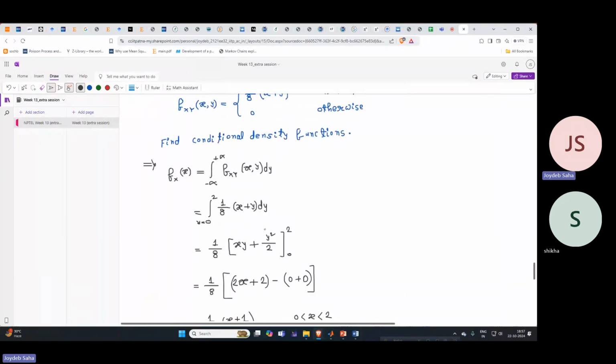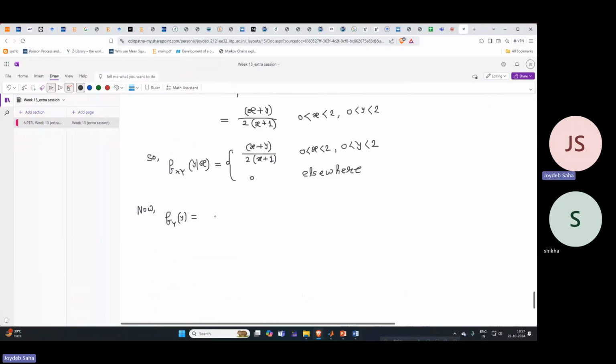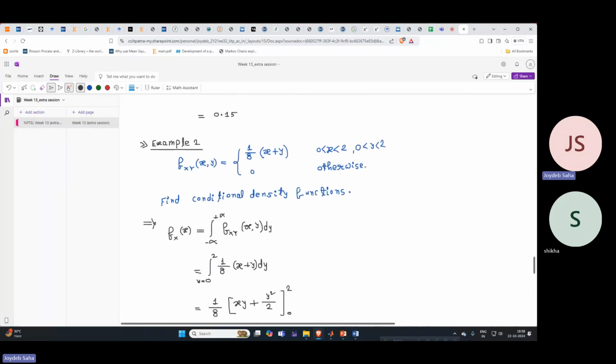If we use the same way, then it will be just simply integral from 0 to 2, because the limit is 0 to 2 and it is 1 upon 8 (x plus y).